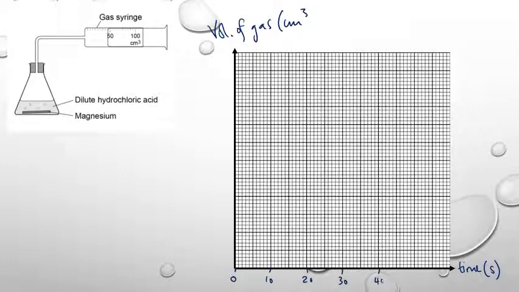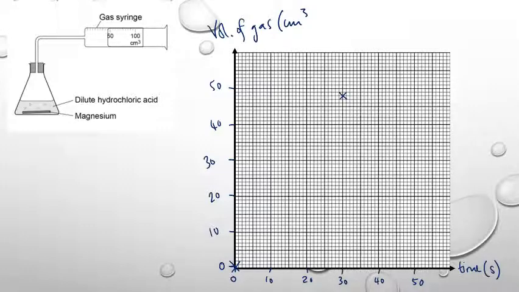And let's just think about what would happen during the reaction. Initially, there would be no gas. So let's say this is 10 centimeters cubed, 20, 30, 40, 50. Initially there'd be no gas, so it would go through the origin 0, 0. And at the end of the reaction, there would be no more gas produced. We said there was 48, so I'm going to put 48 here, across here.